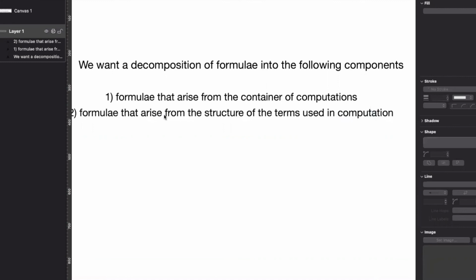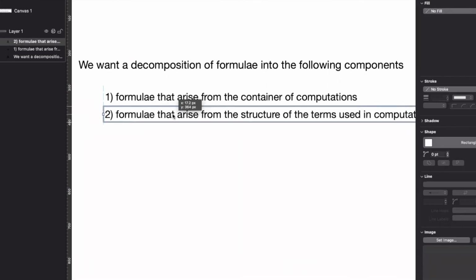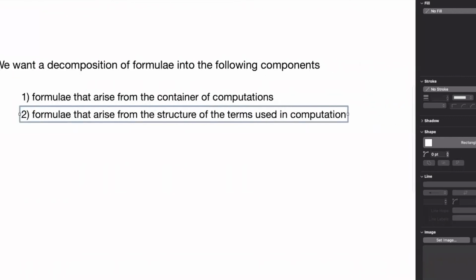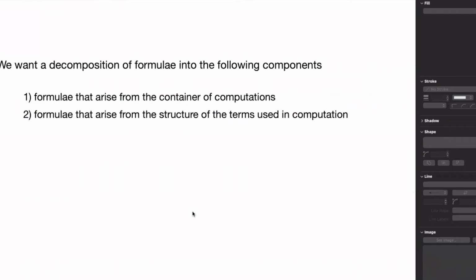So, for example, in the case of the monoid, we have a formula that detects that you have a composition as opposed to an atom.